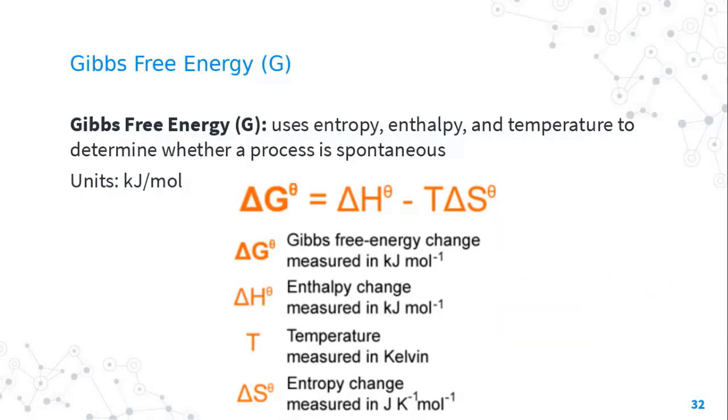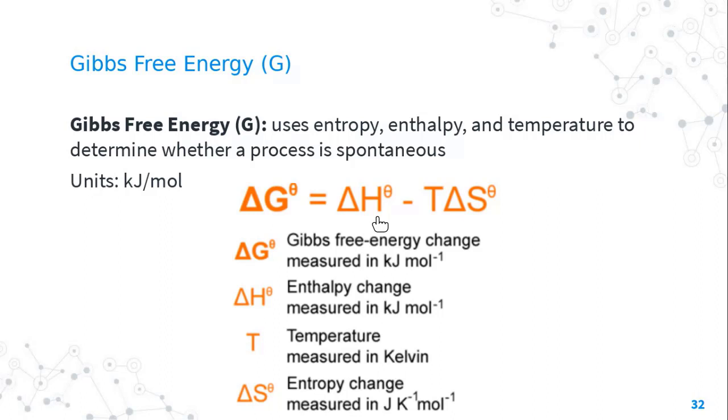So Gibbs free energy. I know you guys were waiting for this to come up. You're like, where's delta G? So Gibbs free energy uses entropy, S, enthalpy, H, and temperature, T, to determine whether a process is spontaneous. So we can't use delta H alone. We can't just say if it's exothermic, if it's releasing heat, that's spontaneous, because we already talked about how that didn't happen.